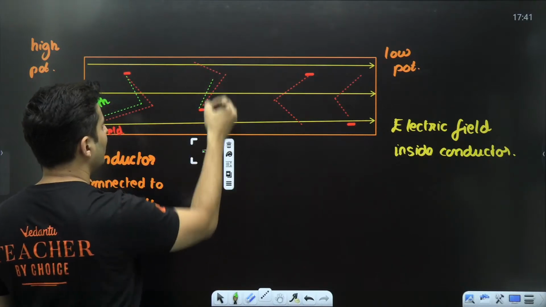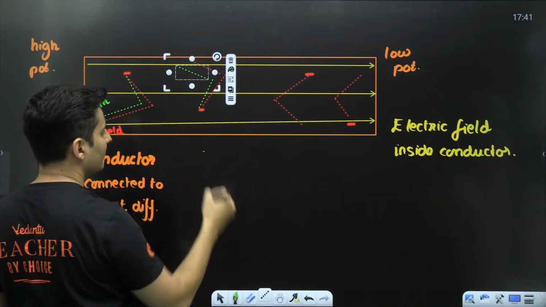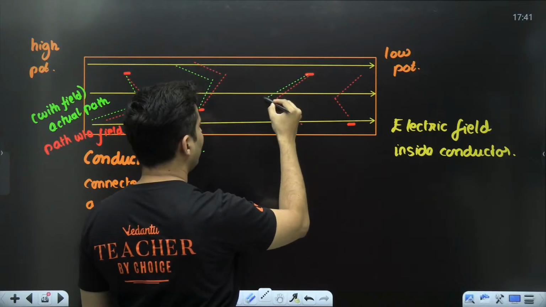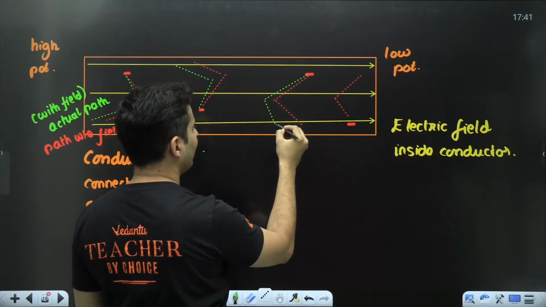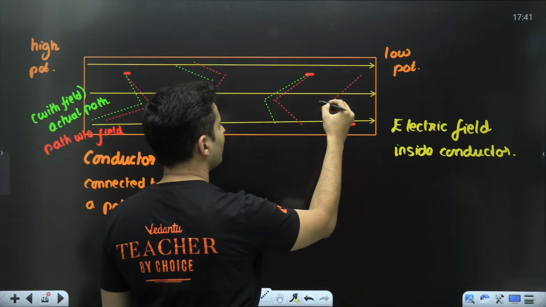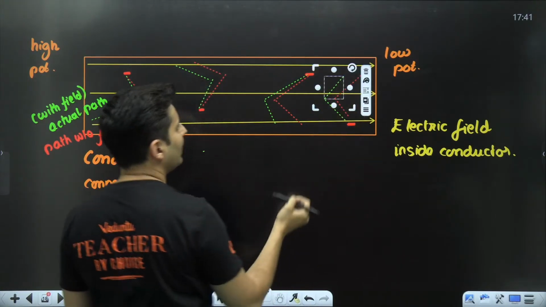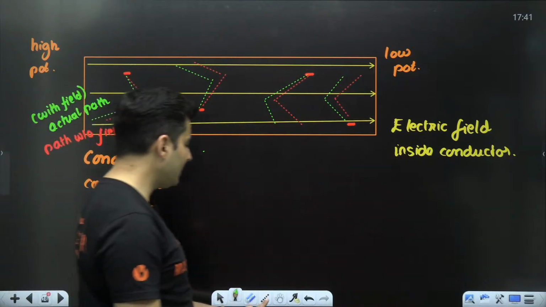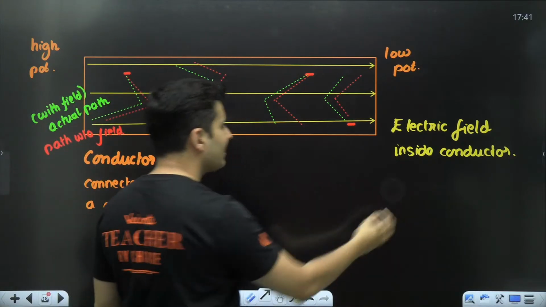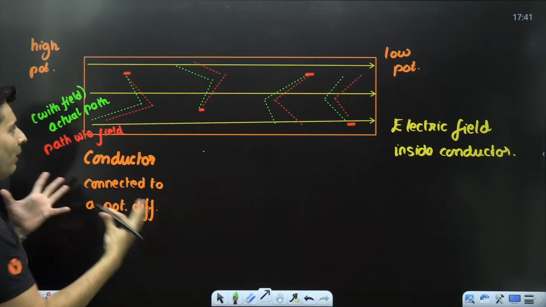So that force will try to pull it over here. Maybe it will go like this, and maybe it will come over here like this. Something like that. So you can see at every single place there is some displacement of the charge overall.